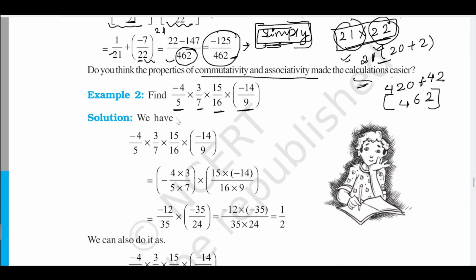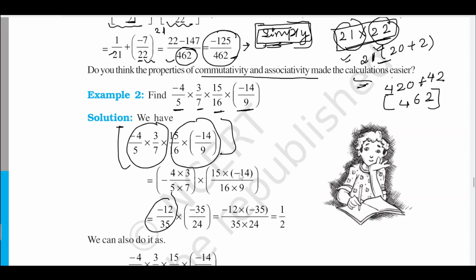If we solve without making any change to the equation, you can see it is going to be complex. The first example has shown that only. They solved this one first, taking the minus sign out, so it is going to be 12 by 35, and in the second part they are solving this one.